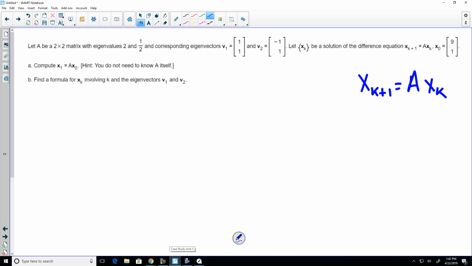Okay? We did this with population models and other things. And we said that's the same as multiplying A k times the original vector x sub 0, your initial vector. Well, actually one more. So we usually change it to this.